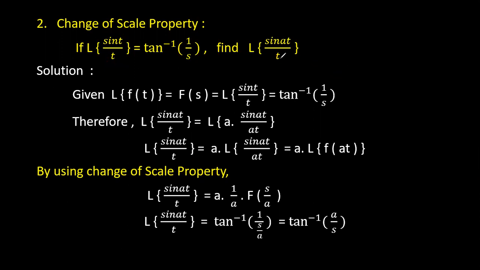So the Laplace transform of sin at by t can be simplified by multiplying and dividing by a, giving a into the Laplace transform of sin at by at. This is the same as a into the Laplace transform of f of at.